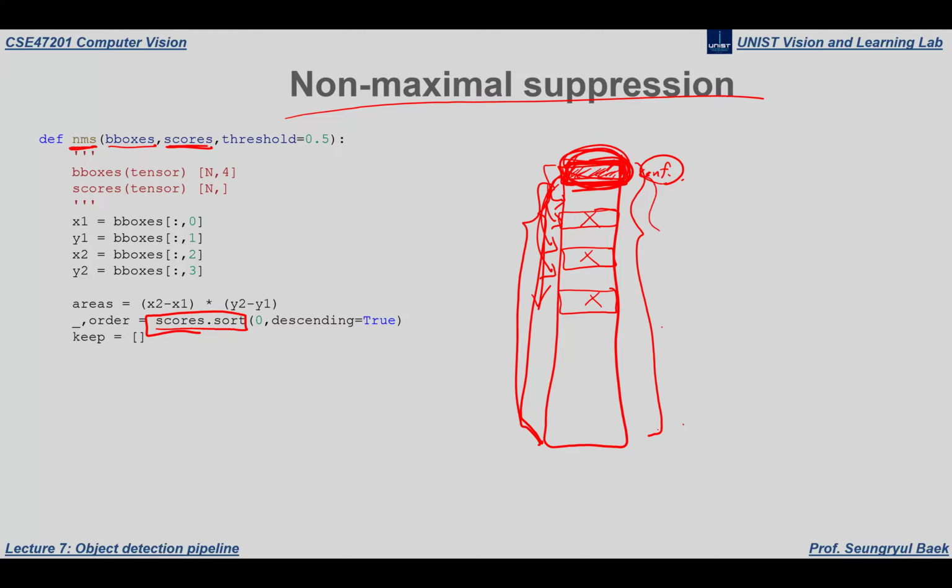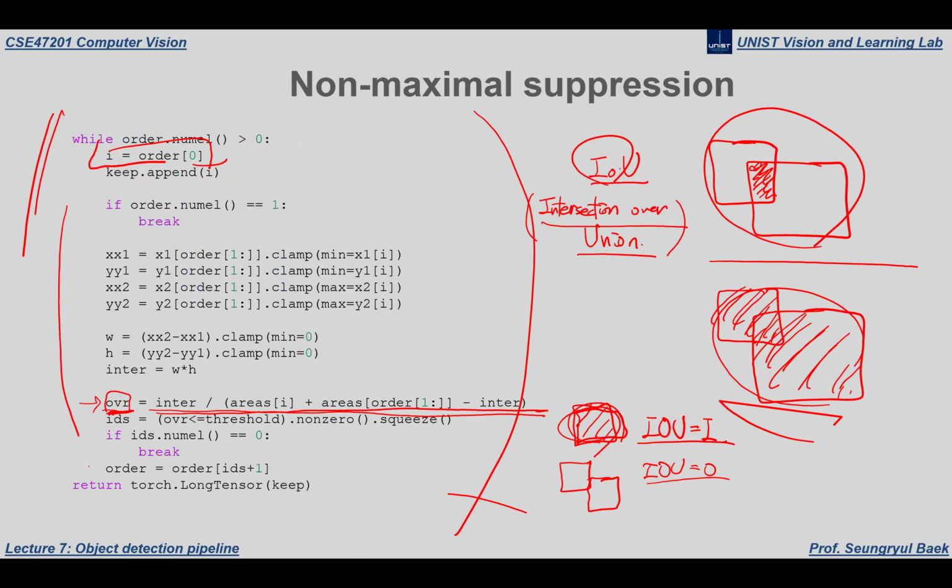So if, in the remaining list, there are bounding boxes with high similarity to this box, they have to be removed. After doing that, they go to the next item and do the same, gradually removing from the older list. And that's actually implemented here.